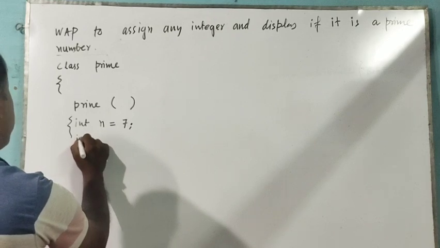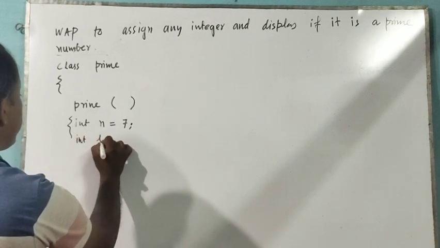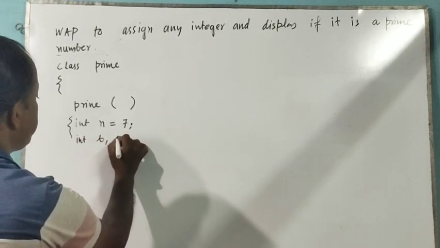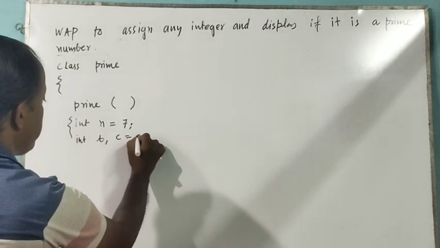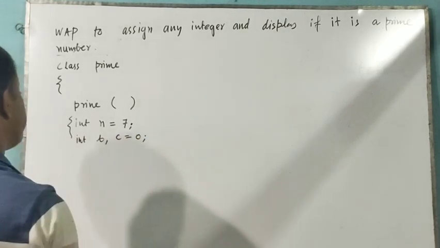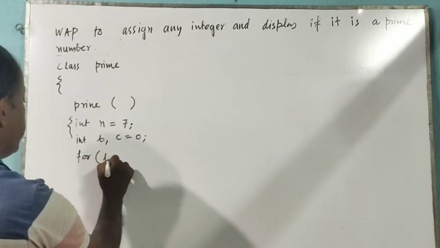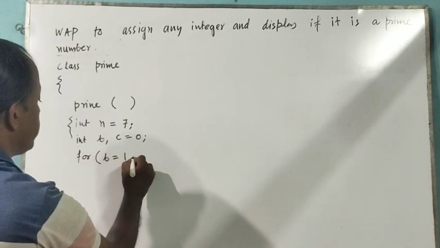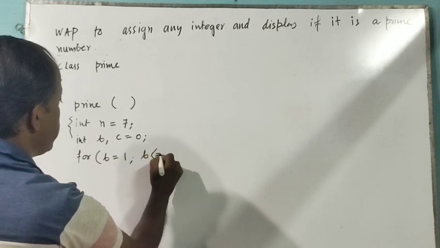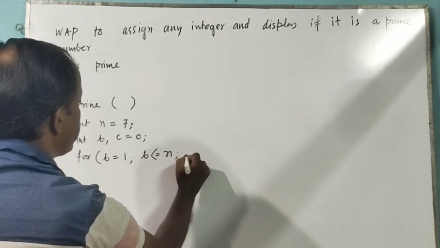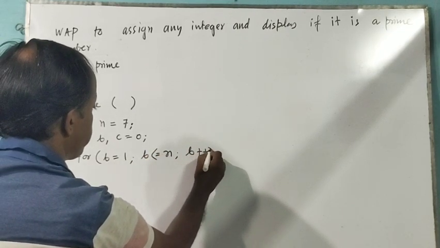I need an int variable for making the for loop and one for counting. For b equal to 1, b less than or equal to n, b plus plus.